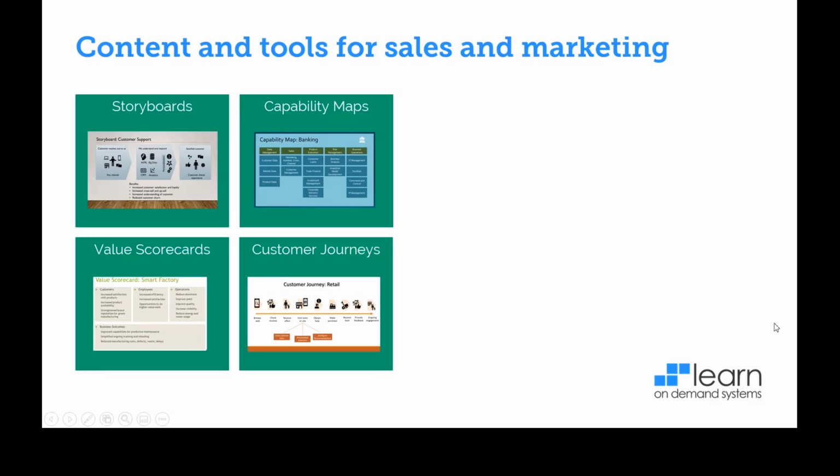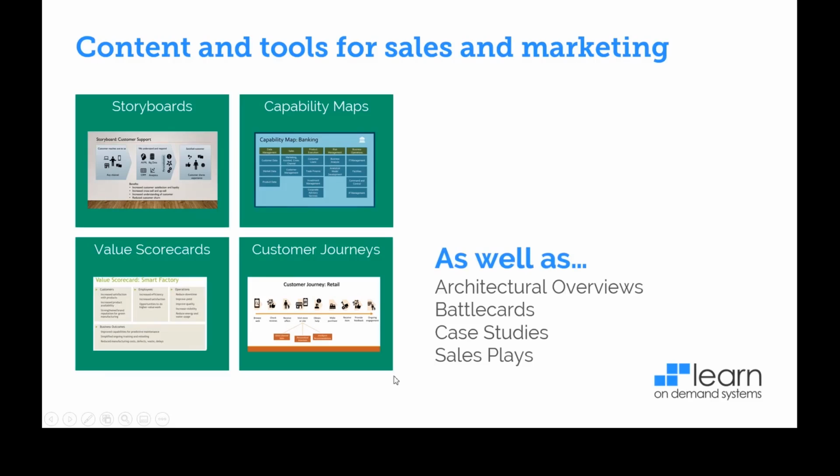And we have customer journeys, which prove to be very valuable in showing transformative areas, places where customer experience can be transformed to meet modern expectations. We have battle cards, case studies.